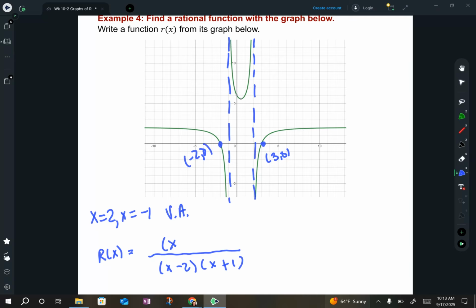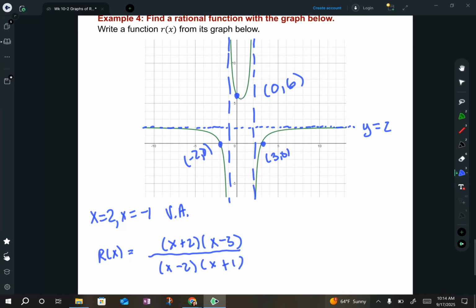So I know the numerator has to be (x + 2)(x - 3). Finally, it looks like it has also a horizontal asymptote at y equals 2. But also, I forgot about this one, it looks like it has a vertical intercept at (0, 6).